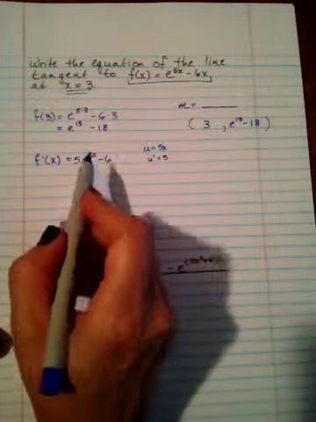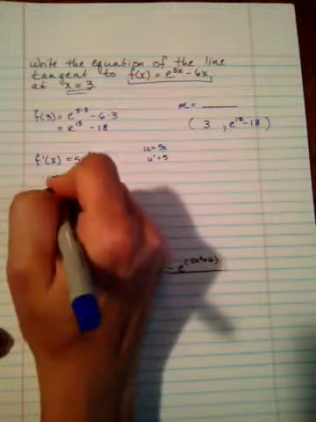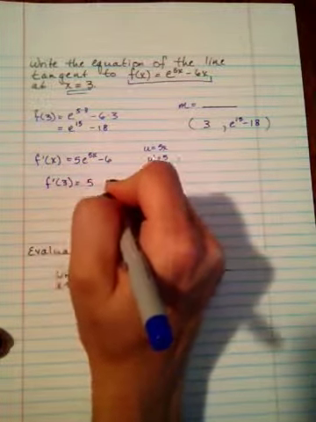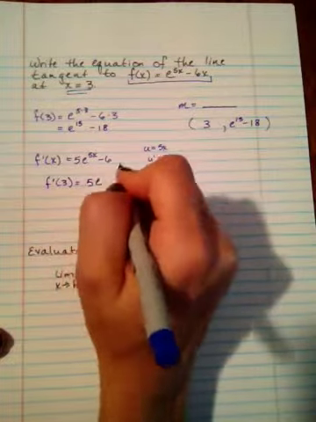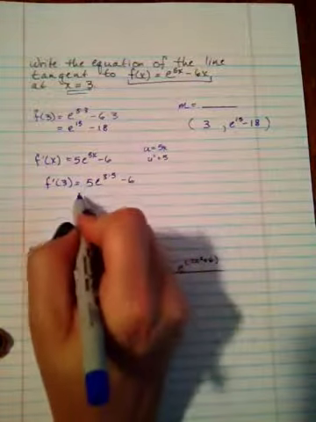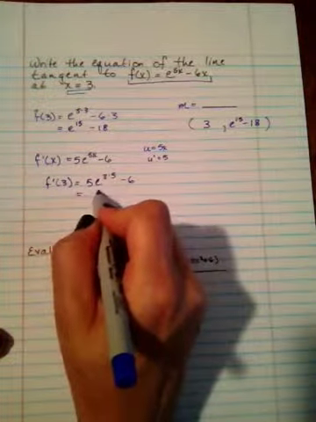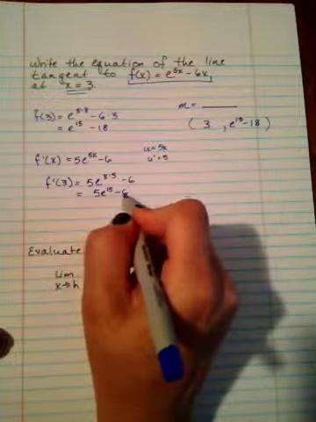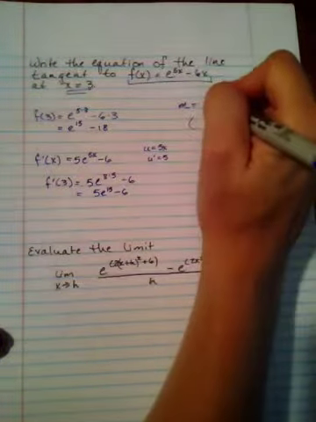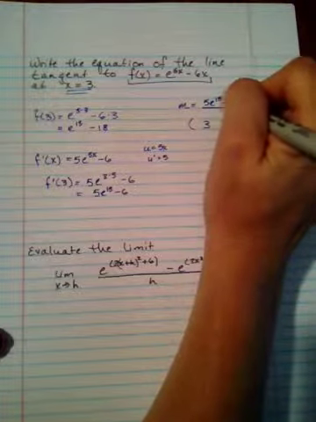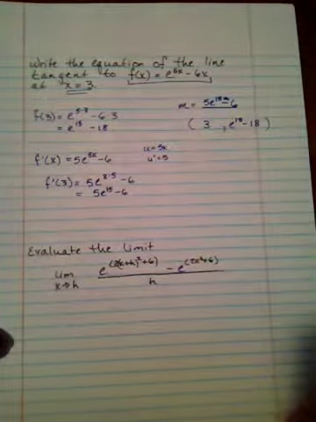So my next step is to figure out what is f prime of 3. And that will give me the slope of the tangent line when x equals 3. So I evaluate at 3, and this is 5e to the 15th minus 6, and that is the slope. Minus 6 down here. Be careful with your exponents.